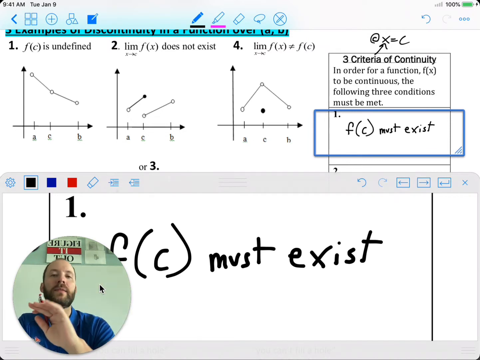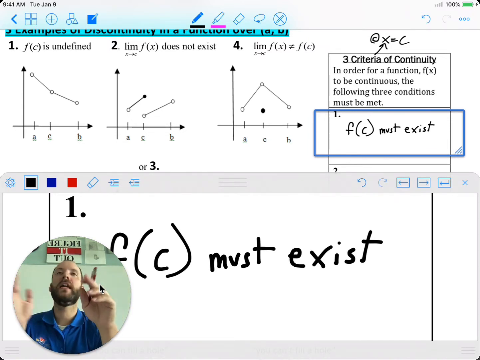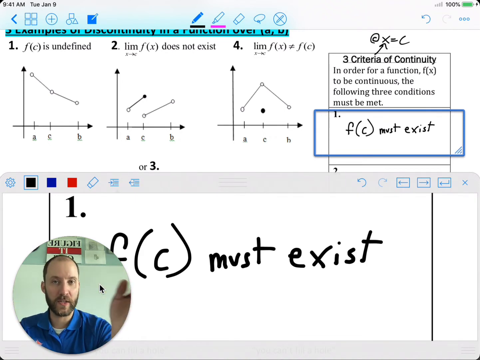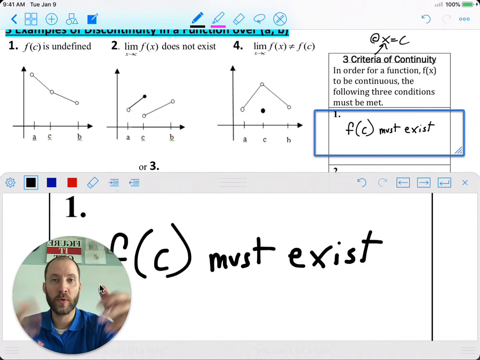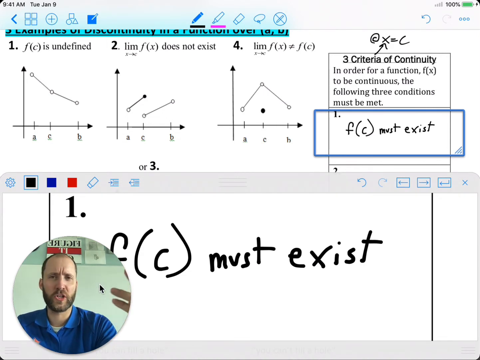I mean, but it is a big crux. If you want something to be continuous, the something itself has to be there in the first place. While it's kind of underwhelming, like, what's the first step? Oh, just that the function exists. It is necessary for the function to exist.